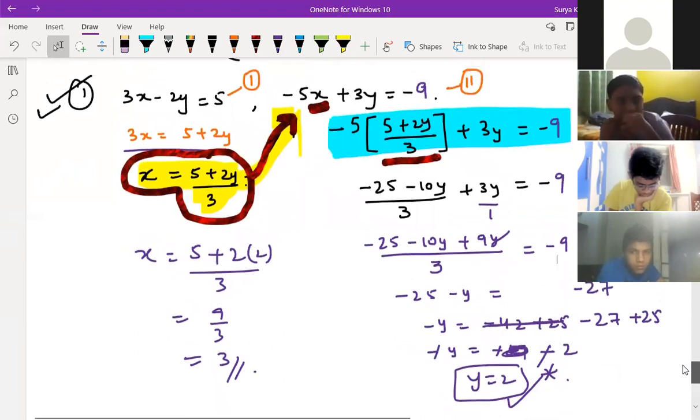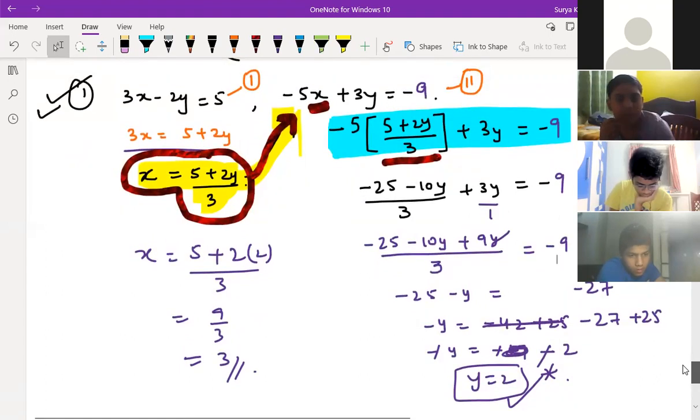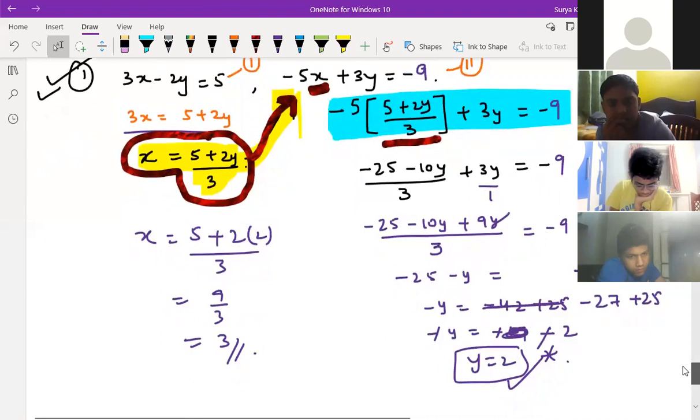Now your doubt got cleared. Sir, could you give more questions on the graph part? Yeah, I'll give you so many questions. I'm getting confused, I'll get it by practice only.